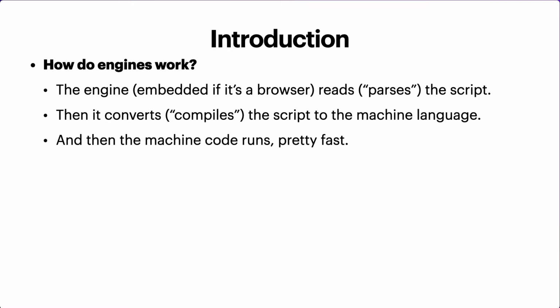So yeah, we are going to be talking about how the engines really work. The engine is embedded in the browser. If it's a browser, then it reads and parses the script. Then it converts or compiles the script to machine language, and then the machine code runs pretty fast.